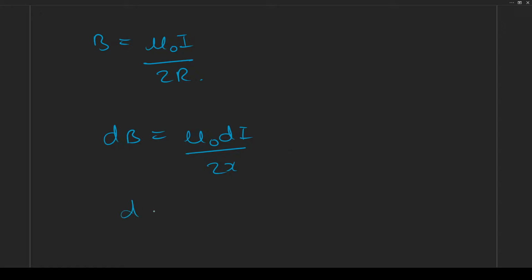Let's assume dq equals q by pi r square times 2 pi x with respect to dx, for a small segment of the circumference.